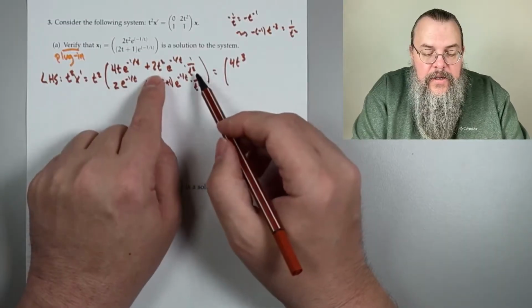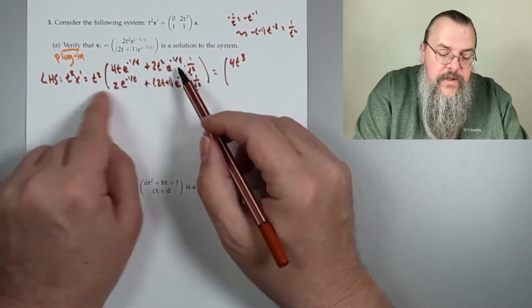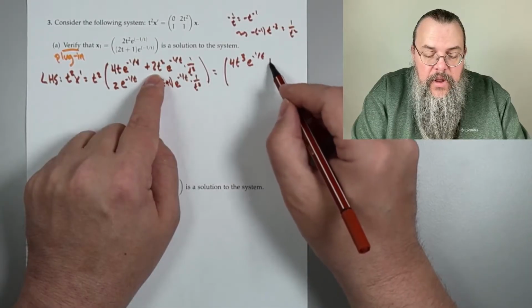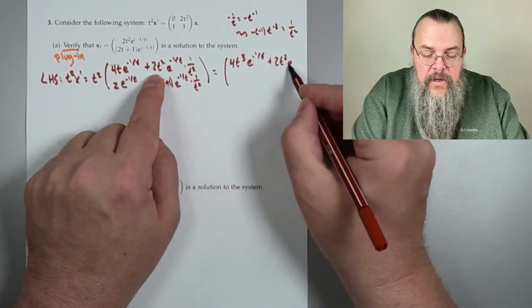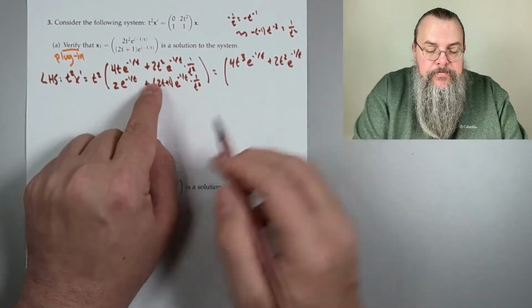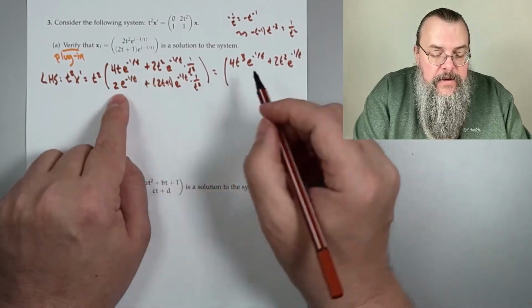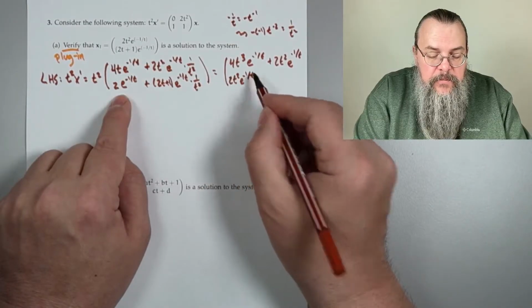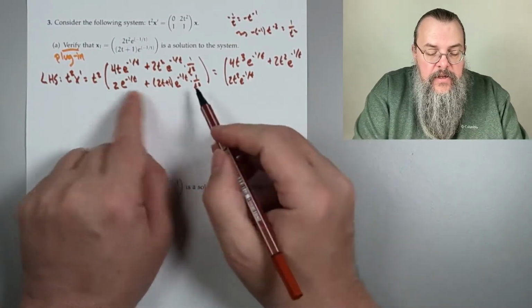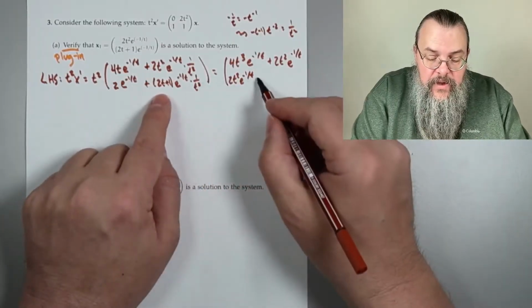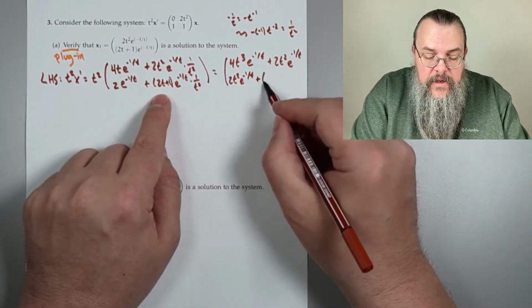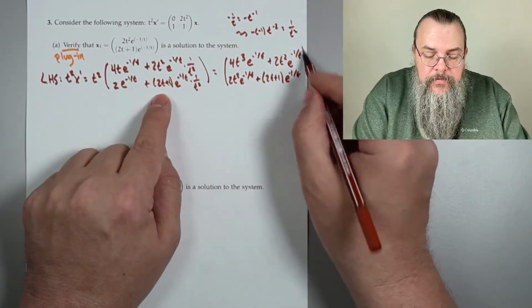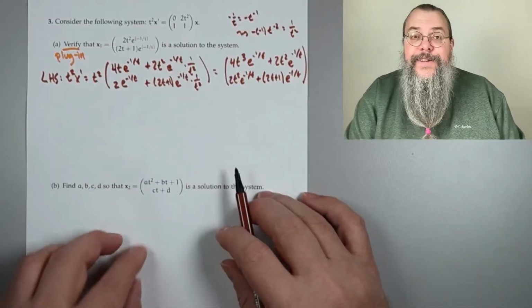And then here, the t squareds cancel. Now there's another t squared, and so that will give us a plus 2t squared e to the minus 1 over t. Here we have 2t squared e to the minus 1 over t. And then the t squareds here cancel, so we can say, plus 2t plus 1 e to the minus 1 over t. All right, so there's the left-hand side.